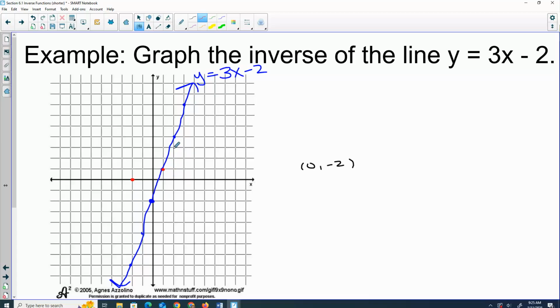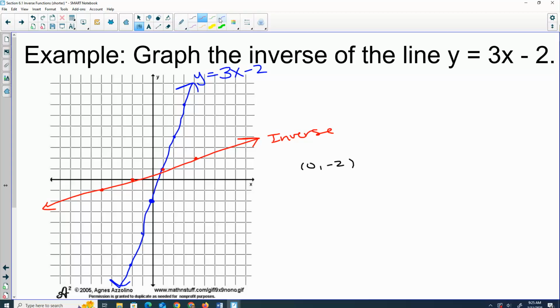This is 2, 4. So it would go to 4, 2. This was negative 1, negative 5. So negative 5, negative 1. So here is my inverse. So we got that just by flipping the x's and y's.